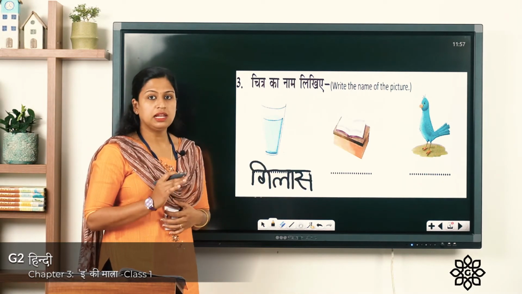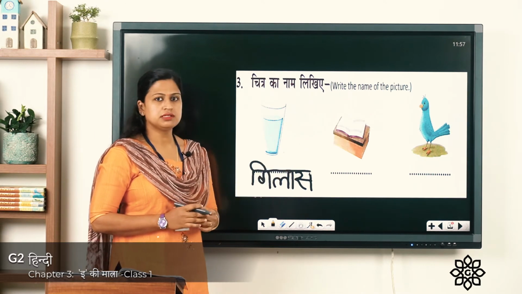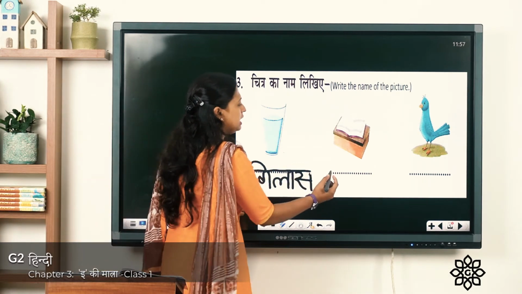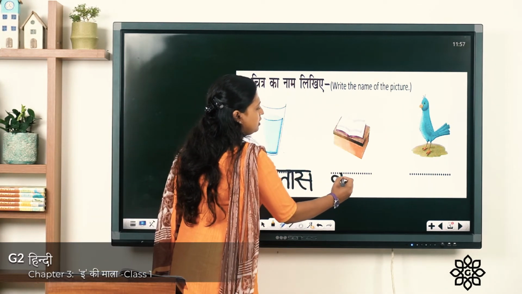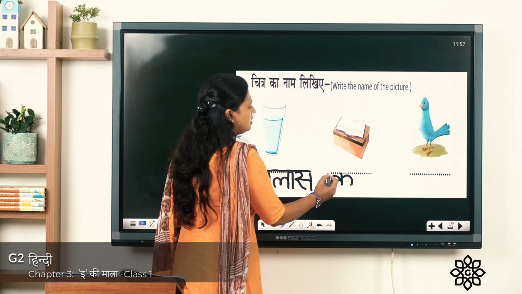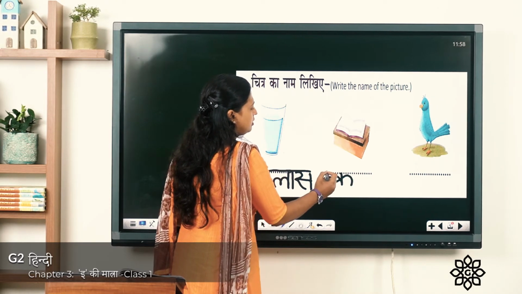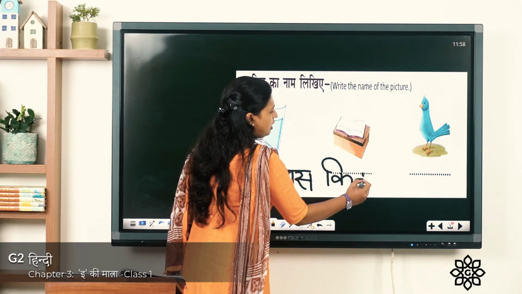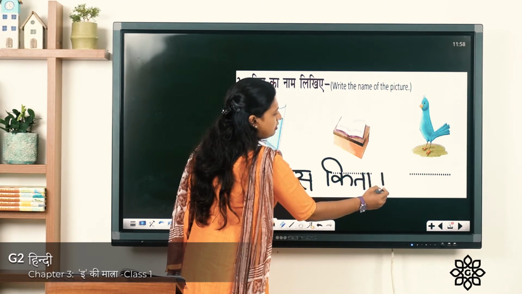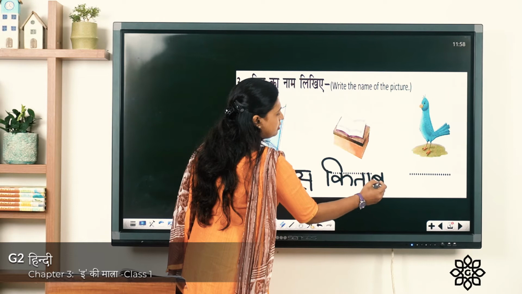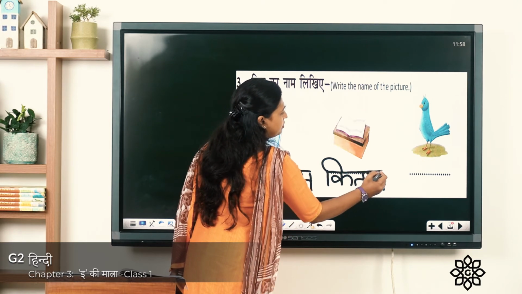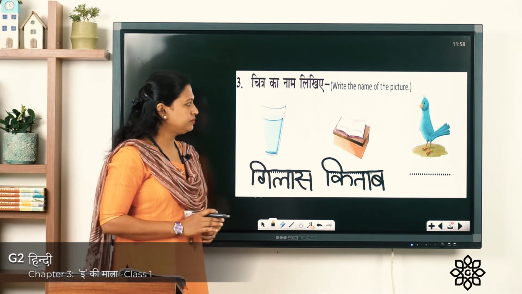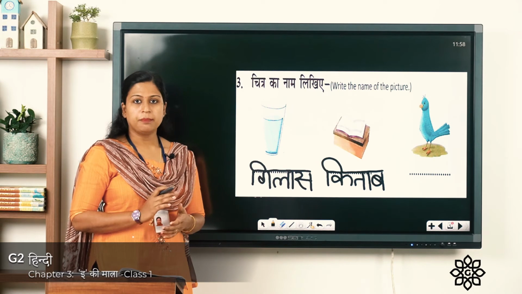It is gilas. Second picture is book. In Hindi, we say kitab. So, ki. First, you can write the consonant ka, then E symbol, ta, and ba. It's kitab. Don't forget to write this sleeping line on every word. Next picture is bird.